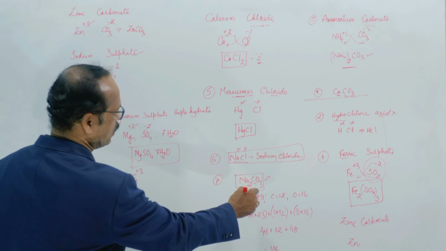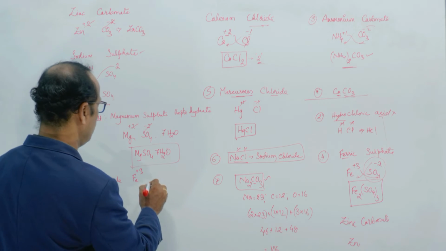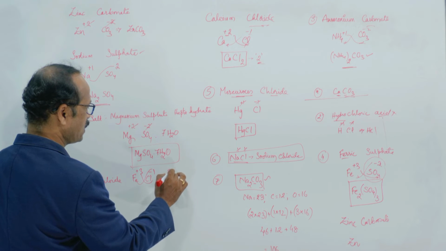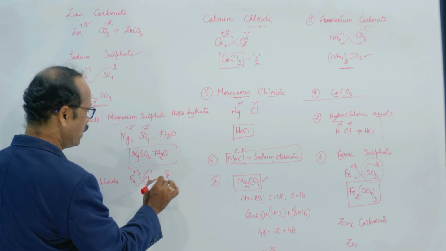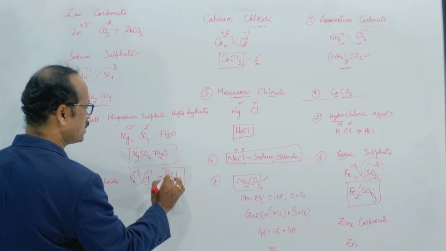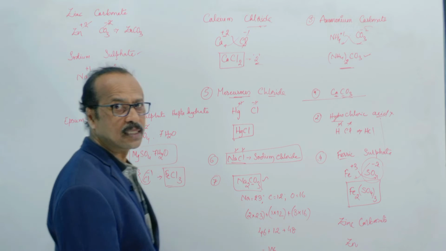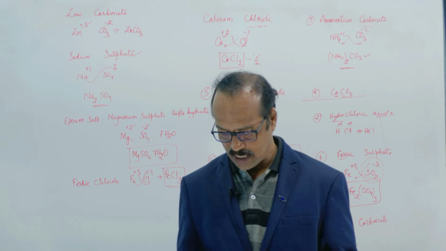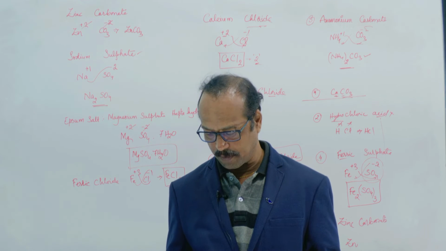Chloride is chlorine with minus 1. Crisscross. So it becomes Fe, the 1 going there need not be written, and the 3 comes to chlorine. So the answer is FeCl3. That's the first option.